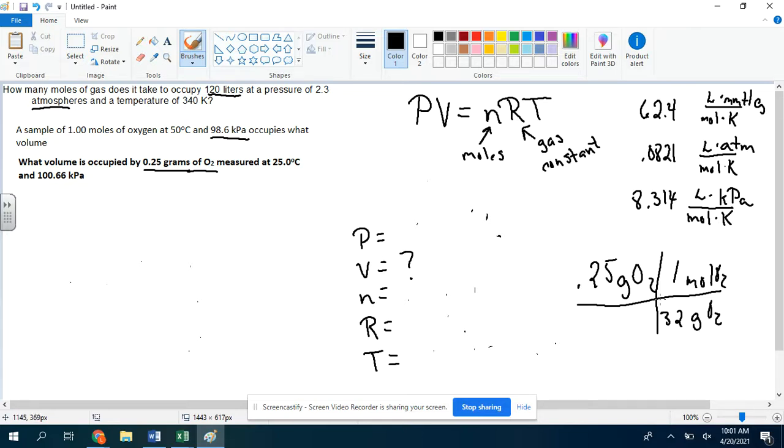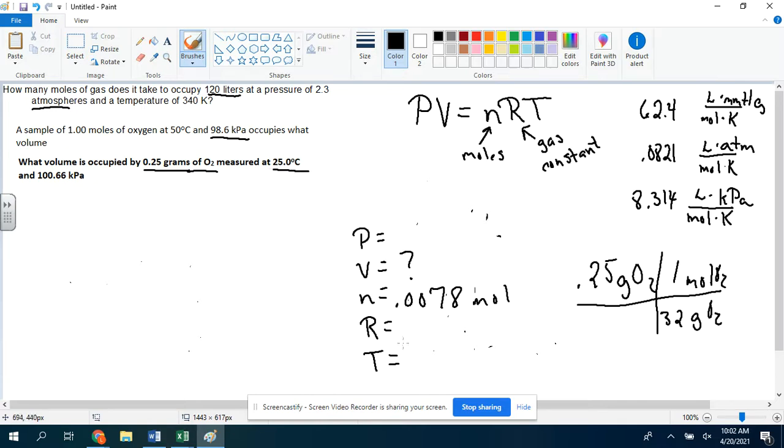So you take 0.25 divided by 32. And what you would get is 0.0078, a little bitty number, and that's okay. Often moles are very small, so it's okay if you get a really small number. So basically, when they give you the mass, they are giving you the moles. You've just got to take a second to convert them, okay?